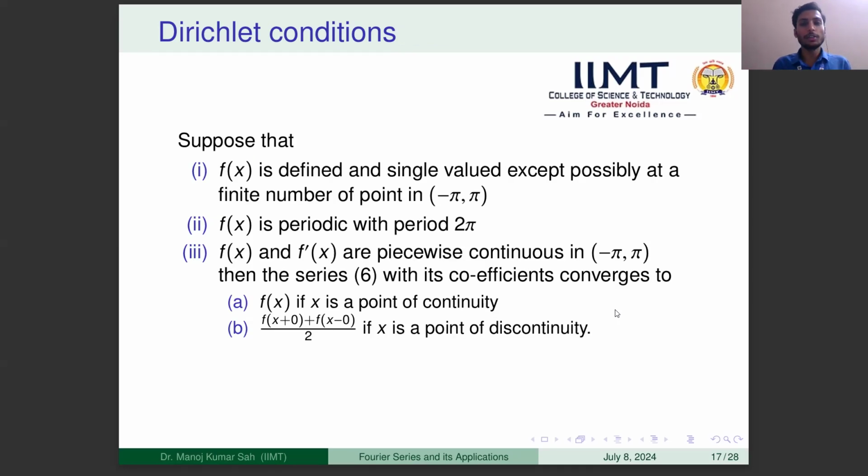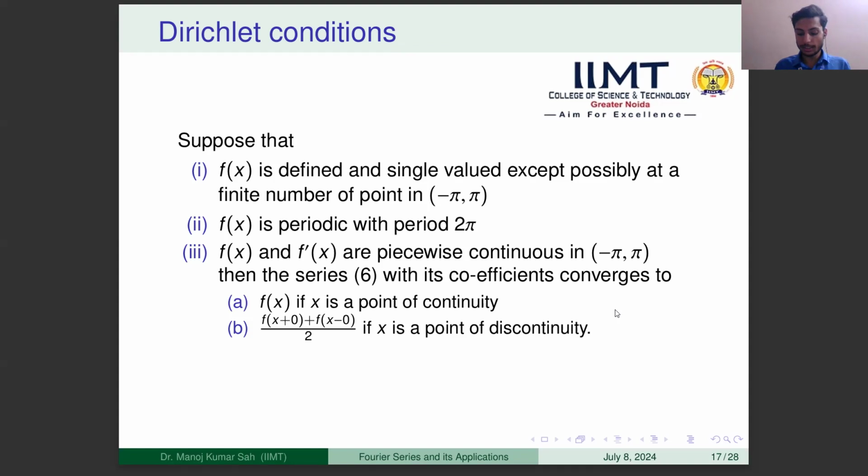The conditions 1, 2, and 3 imposed on function f of x are sufficient conditions but not necessary conditions. That is, if the conditions are satisfied, then the convergence is guaranteed. However, if they are not satisfied, then the series may or may not converge.